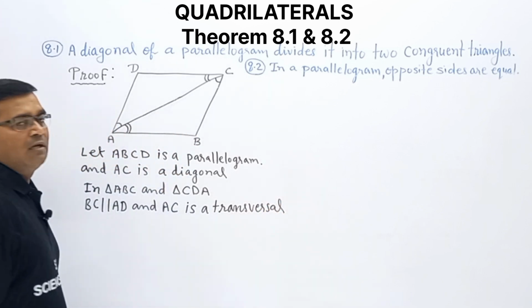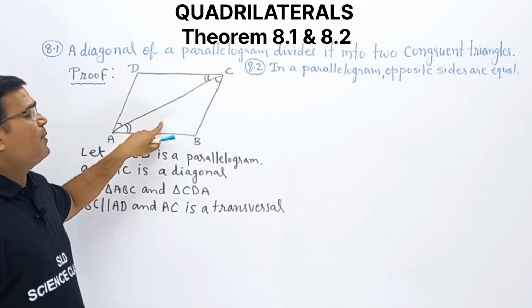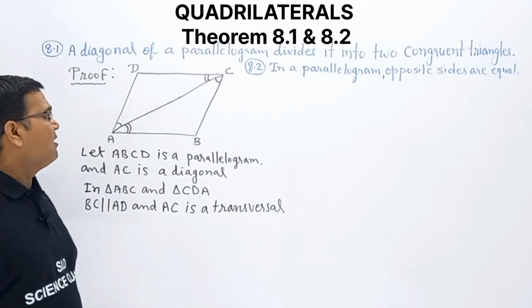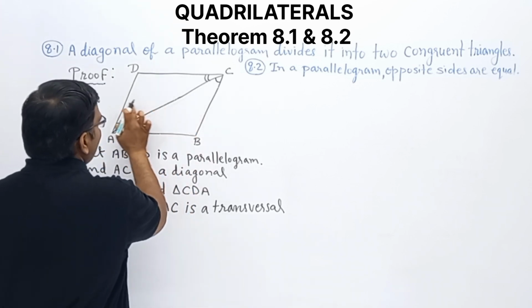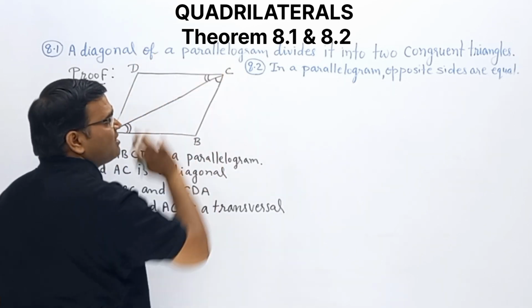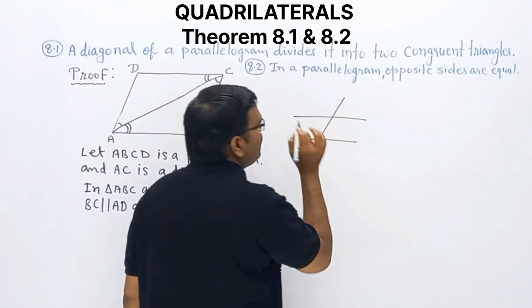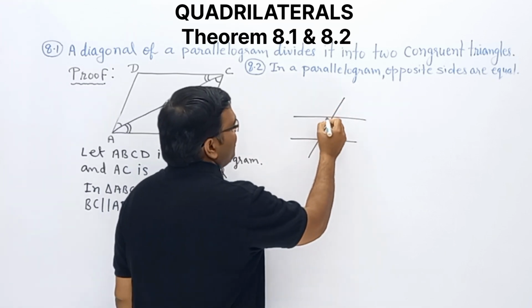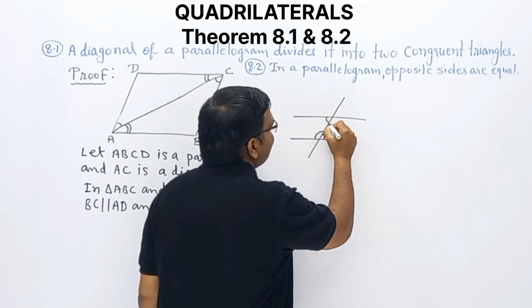Simple. In a parallelogram we have two pairs of parallel lines. These two lines are parallel and these two lines are parallel. Now from the two pairs I am taking this pair. BC is parallel to AD and one transversal is there. We studied that when two lines are cut by one transversal, we get this angle, this angle, this angle and this angle.